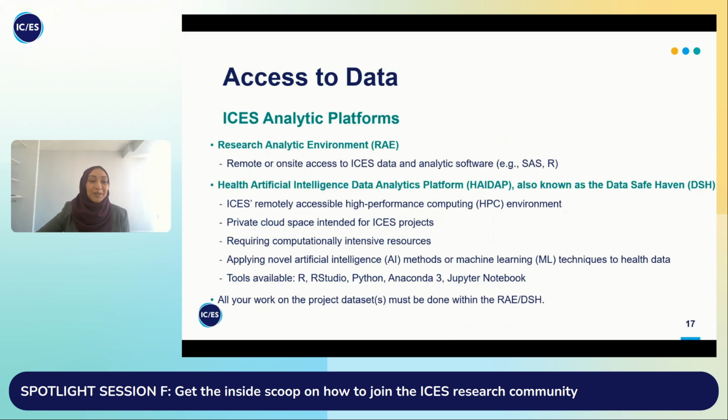We no longer use the longer term called HIDAP, if some of you have heard of that before. And so this environment is also available remotely. And then the analytic software on the DSH includes R, RStudio, Python, Anaconda, Jupyter Notebook. So we do not use SAS on this environment. I will note that we have a third analytic environment that is remote called IDAVE, which is available for our third-party researchers who receive a risk-reduced data set.